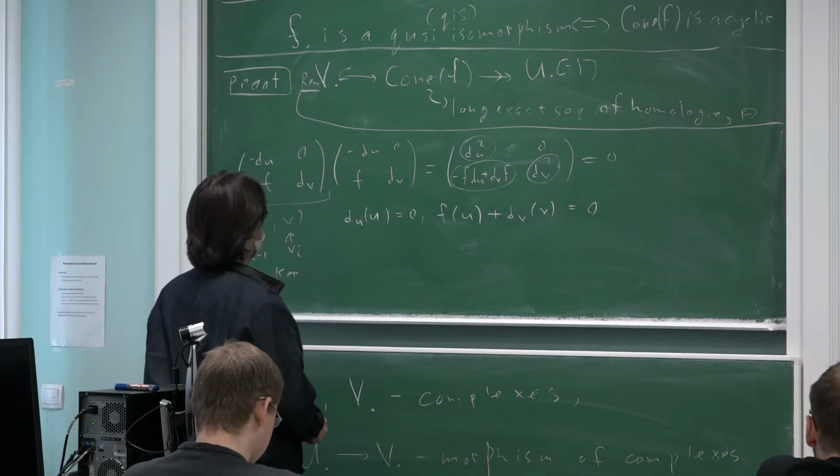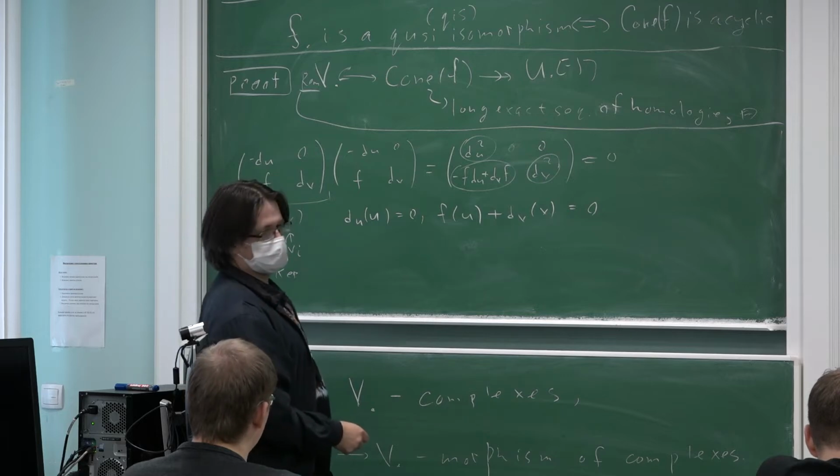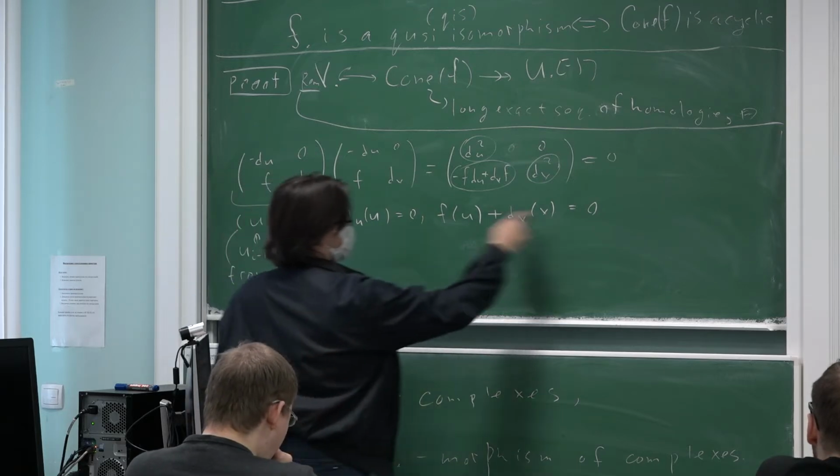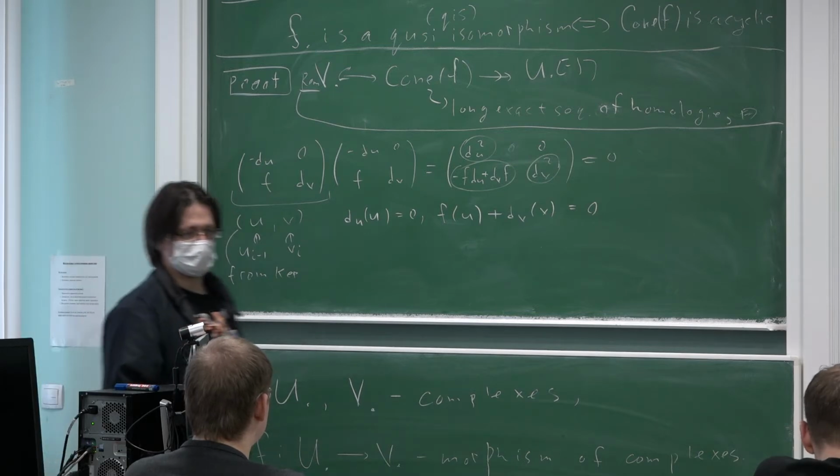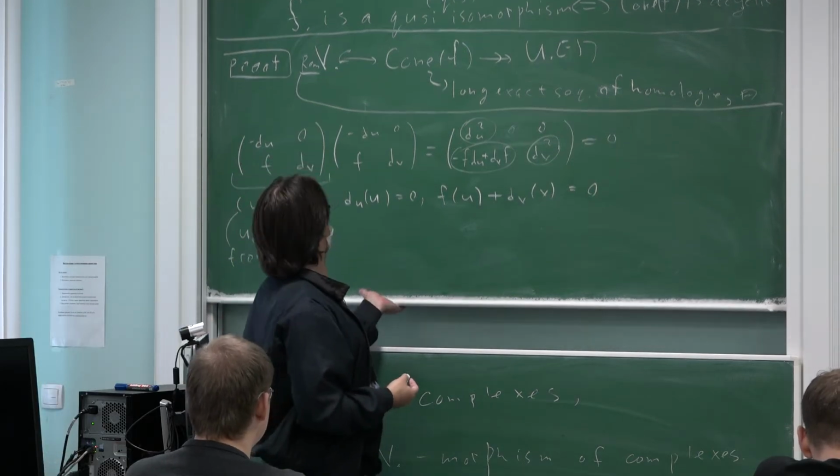And what does it mean that cone of f is acyclic? This means that these equalities imply that (u, v) lies in the image of this map.